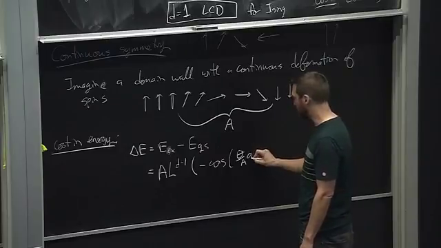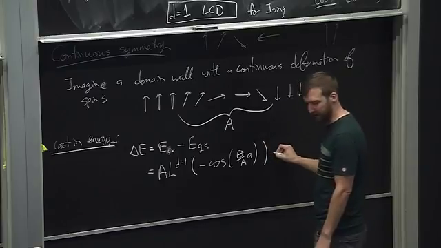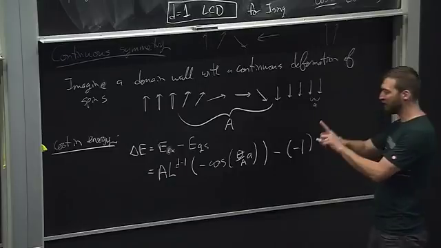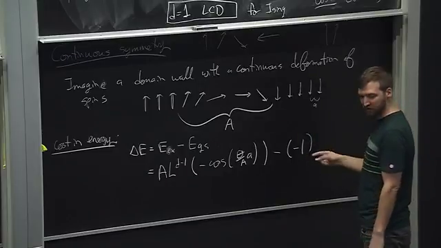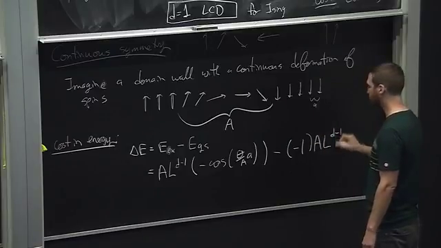I need a length scale, so it's a over A, something like that, minus, where if there's no domain wall, everything's aligned, I'm just going to say it's cosine theta minus cosine theta, so it's 1, times L^(D-1).